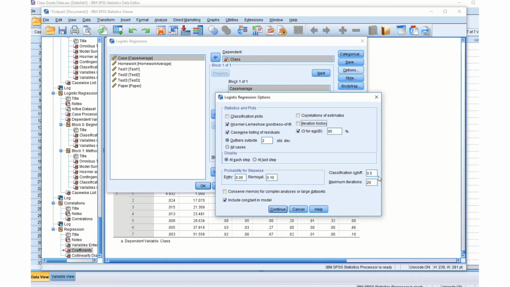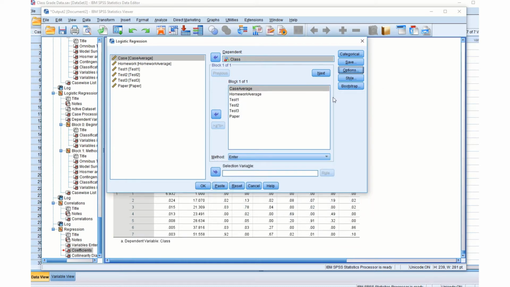Anybody whose probability is below 0.5 will be in the second group, because they're not in the first. So 0.5 is the probability at which we classify a person as falling in one group versus a different group. Just so you know, that's there to specify.